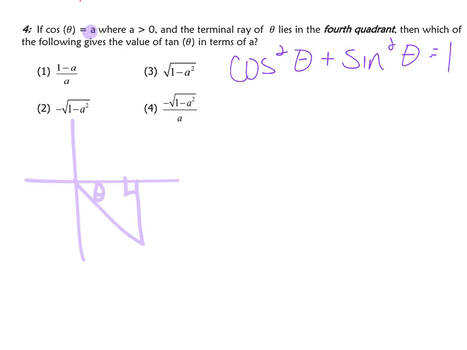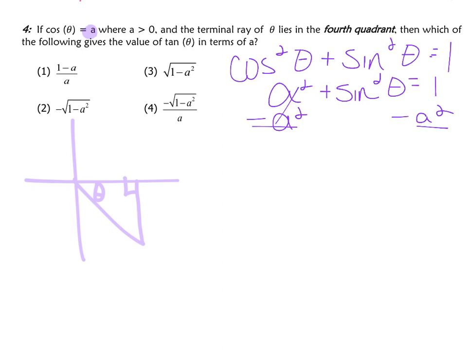So I know that my cosine is A, so I have A squared. I don't know my sine. That's what I'm trying to find. So I'm going to subtract my A squared from both sides. Okay. I can't actually subtract that, can I? Of course not.